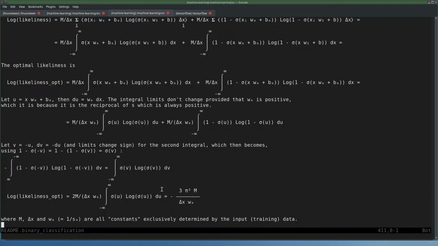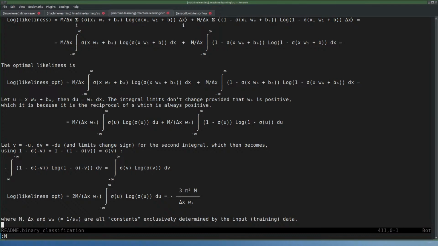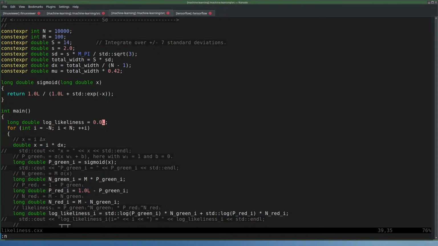Yeah, probably should not look at it and just code it the way I intended it from the beginning. It is, however, the log likeliness, but then for the optimal values. So let me just call this log likeliness opt.